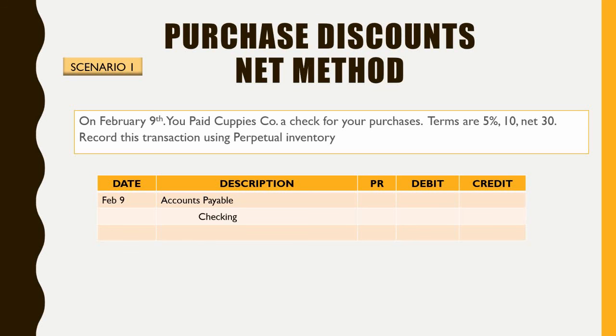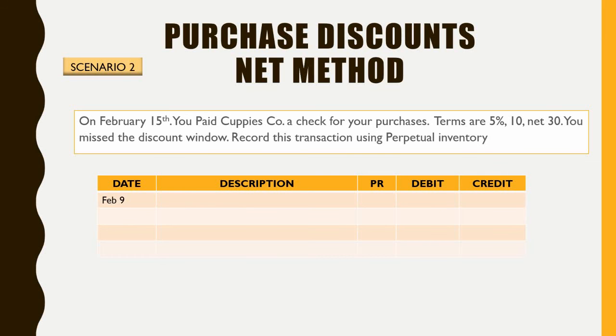We've made our terms because we purchased the items on February 1st. This time I'm paying as of February 9. So in this case, I made my discount. However, I've already discounted my items. So I'm just going to recognize I'm making a payment for my discounted cups automatically, exactly how I've already journalized it.